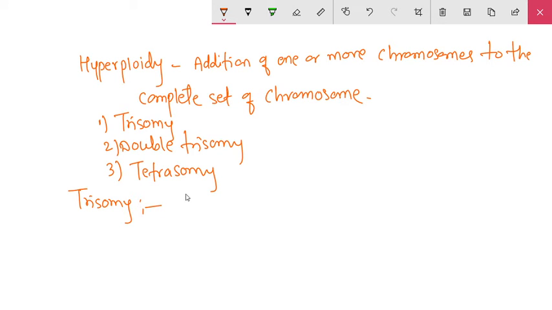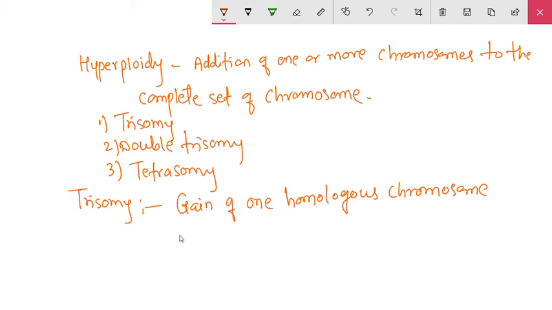It is the gain or addition of one homologous chromosome to the complete set of chromosomes, or we can say, in the chromosome complement.